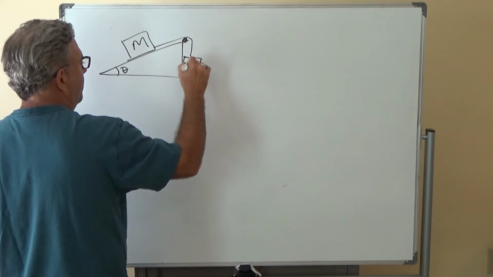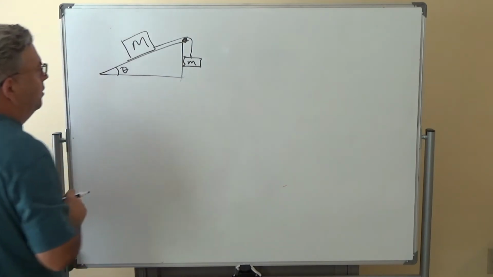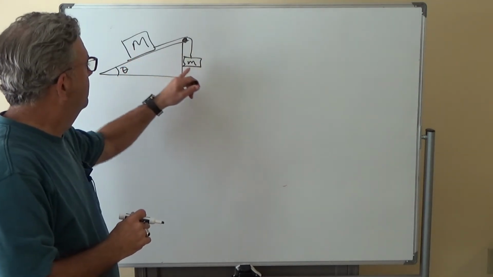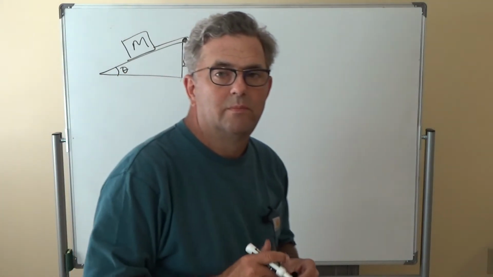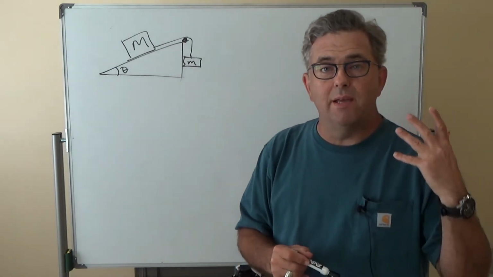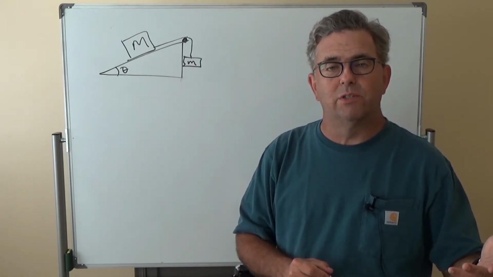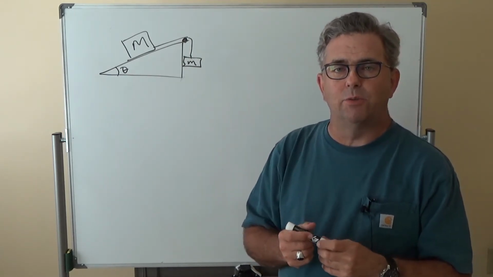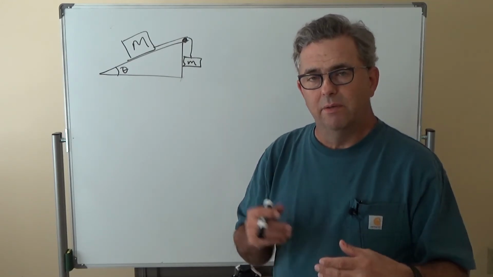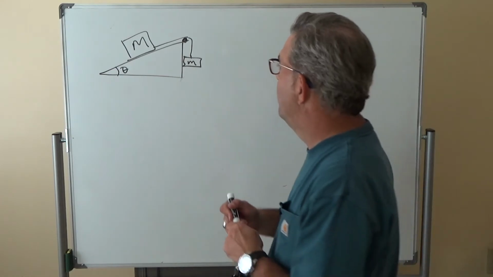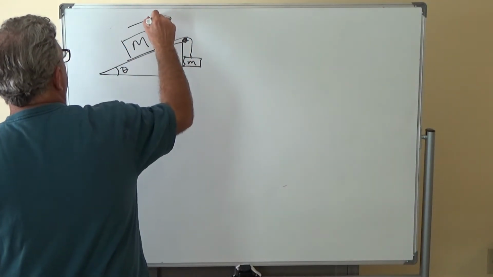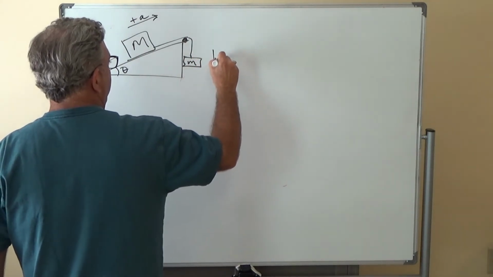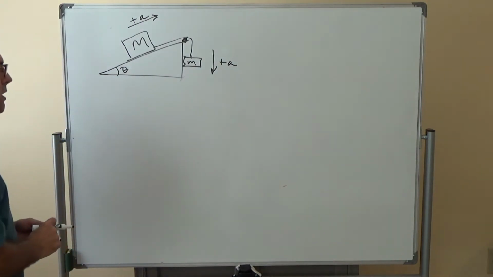And hanging from that pulley is little m. Okay? Still have the big mass and the little mass. All right? I'm going to go ahead and define these acceleration directions for both of these masses, and that way it helps with some of the algebra. I don't have to worry about negatives and positives in bookkeeping. I'm going to say up the incline is positive. That's the positive acceleration direction, and this will be the positive acceleration direction for little m.